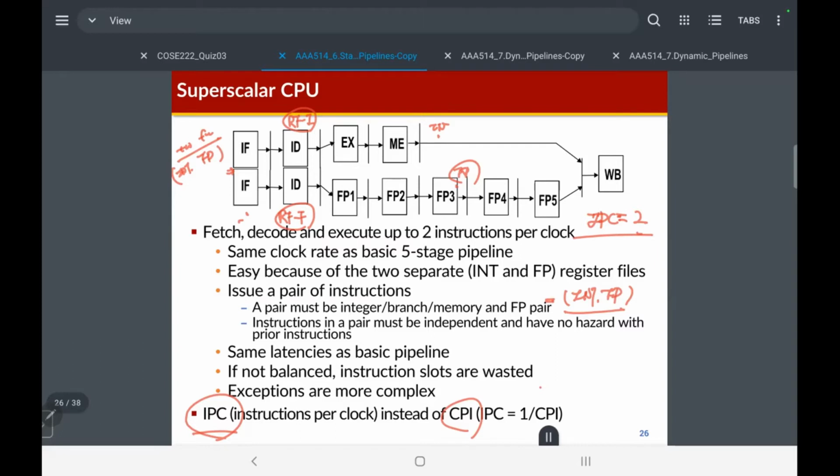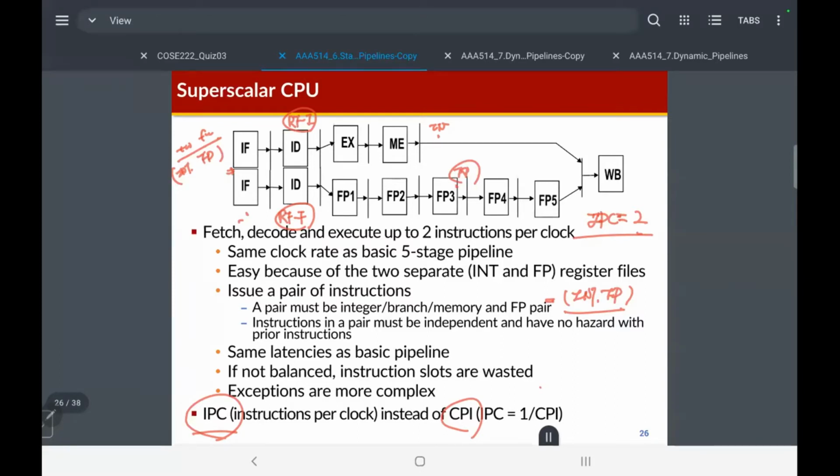By exploiting this feature, we can fetch multiple instructions, like an integer and floating point instruction pair in this superscalar CPU, so integer and floating point instructions can be executed in parallel.